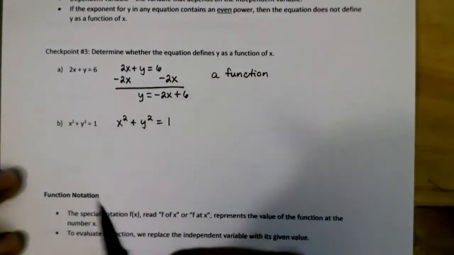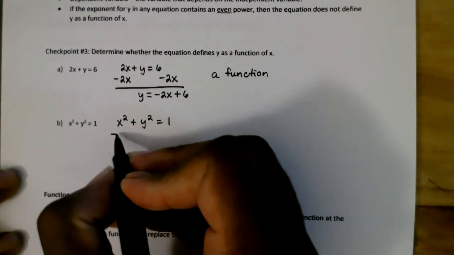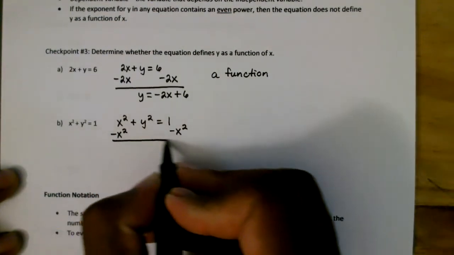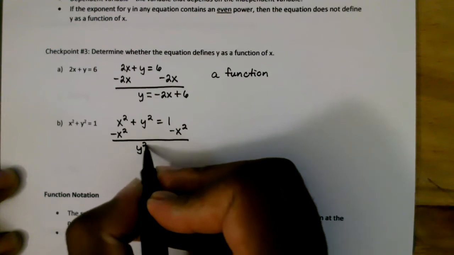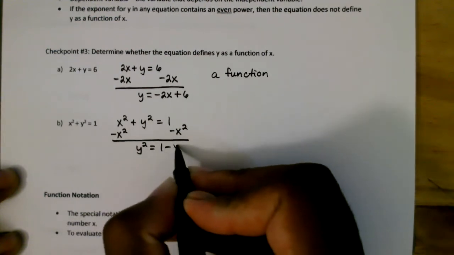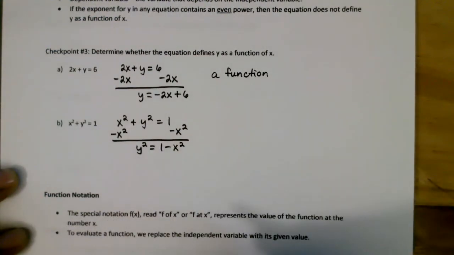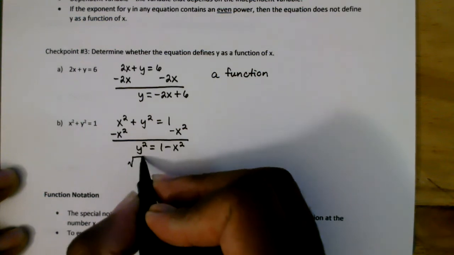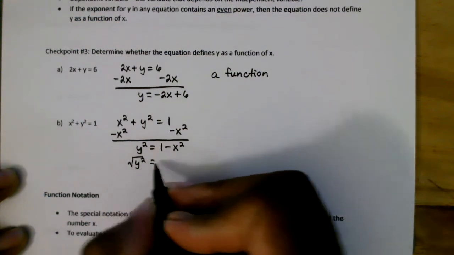If I solve this equation for y, I need to subtract x squared on both sides. That would mean I'll have y squared is equal to 1 minus x squared. And I need to solve for y. Since it's squared, I need to take its square root on both sides.